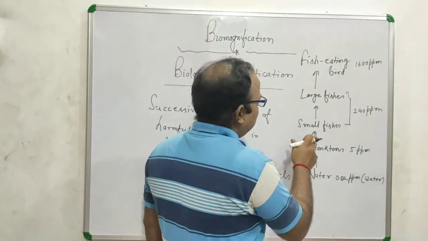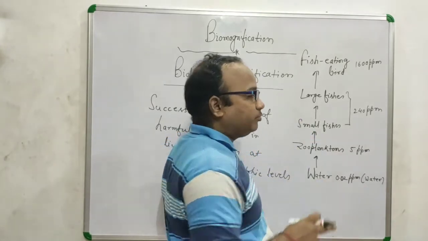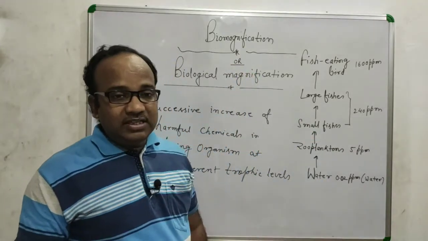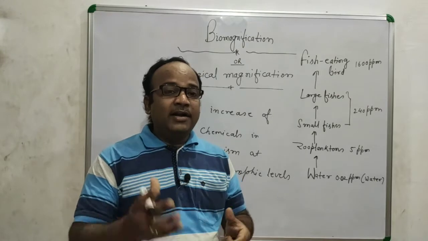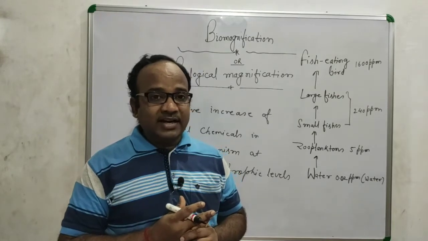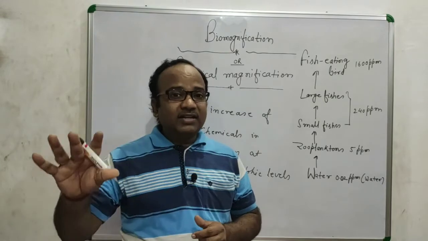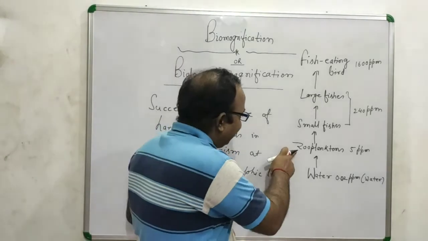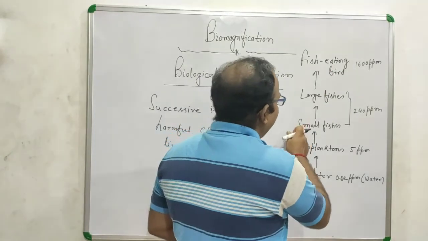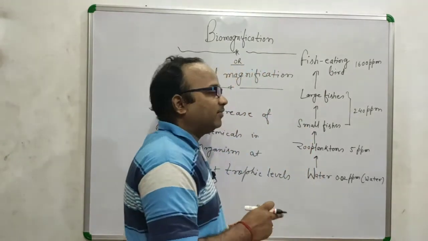Small fishes take zooplanktons as food, and they may take a much larger amount, 100,000 zooplanktons, in their diet. So whatever concentration of chemicals is present in the zooplanktons is transferred into the small fishes.